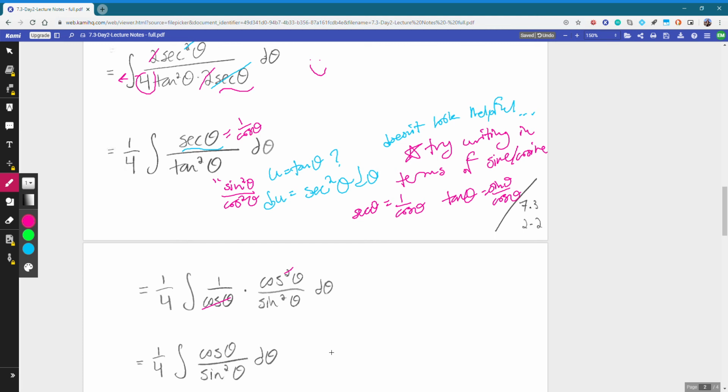Any thoughts on how we could try to possibly integrate this function? If you said u sub for this function, then nice work. This is going to work out.